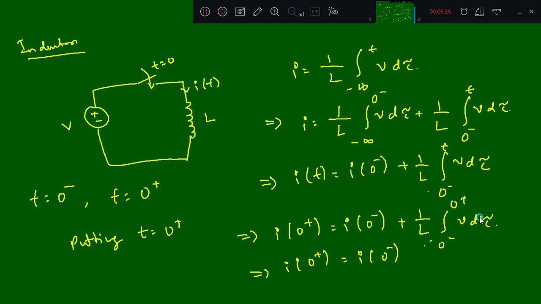So this value will go to 0, so this becomes I of 0 plus equal to I of 0 minus.